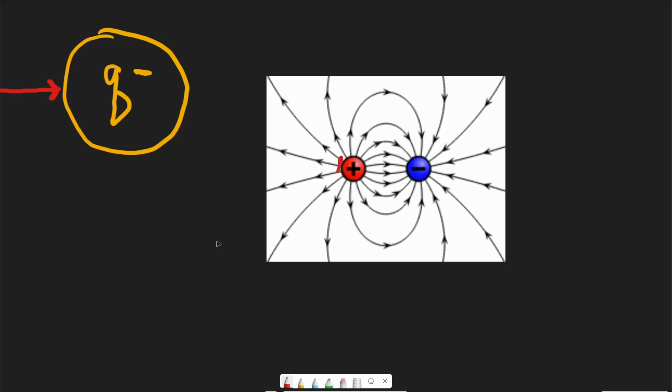And so naturally, as we get closer to the charge, the electric field is going to get stronger, and as we get further away from the charge, the electric field is going to get weaker. Right? And that has to do with the inverse square law that we talked about in the last lecture on Coulomb's law.